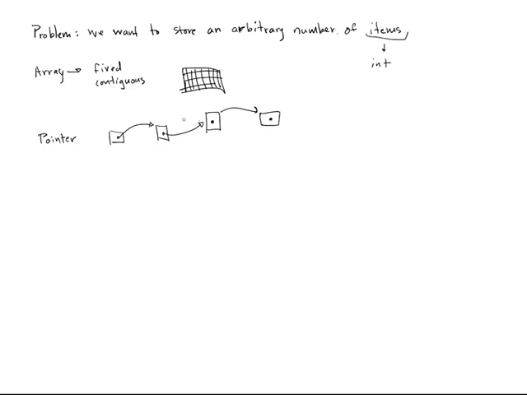So how could we mix those together? So maybe we have two things in our struct. We have the value, we'll just say it's an integer, and then we have the pointer that points off to the next group of this type.